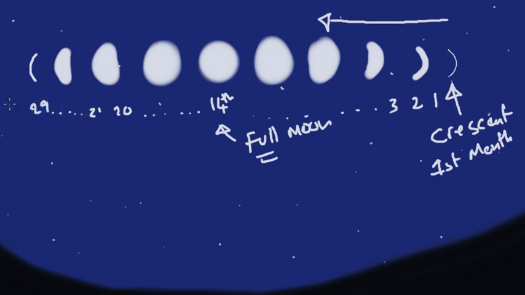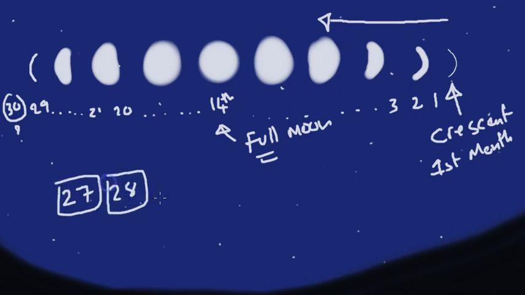Now the 30th over here, that's actually an issue, because when the sightings are done, the way it works is you have the 27th, then the 28th, then the 29th. Now the 30th is where the moon sighting is done.